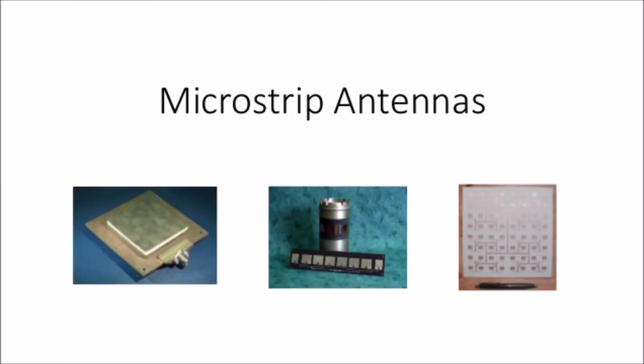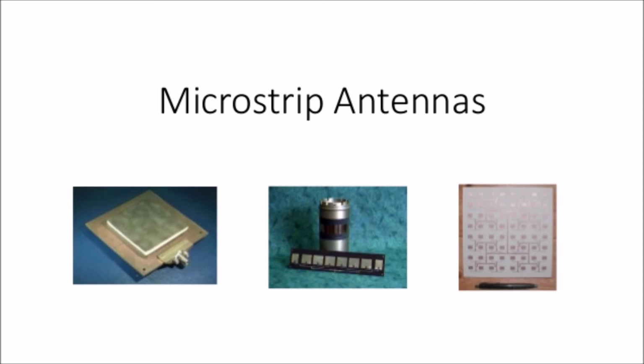These advantages make microstrip patch antennas much more suitable for aircraft, spacecraft, and missiles than conventional antennas, as they do not interfere with the aerodynamics of these moving vehicles.